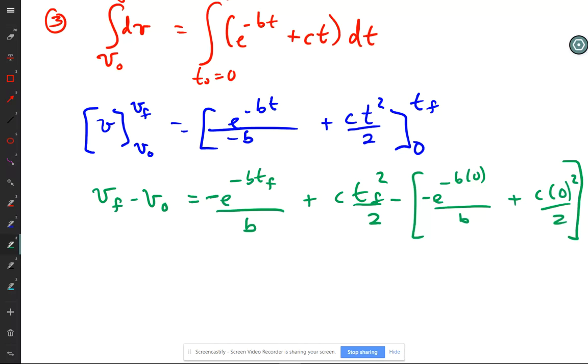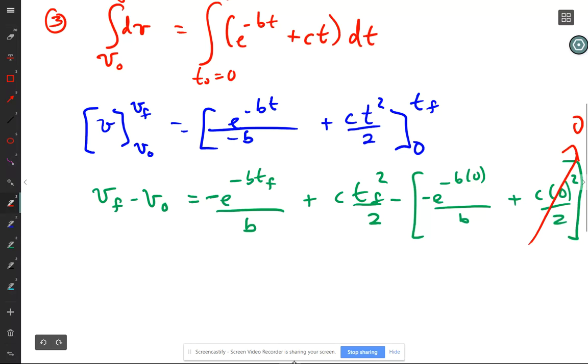I have the upper limit minus the lower limit. And in the lower limit, one of these terms, this one here, goes to 0. What does the numerator go to in the first one? e to the minus 0? 1.